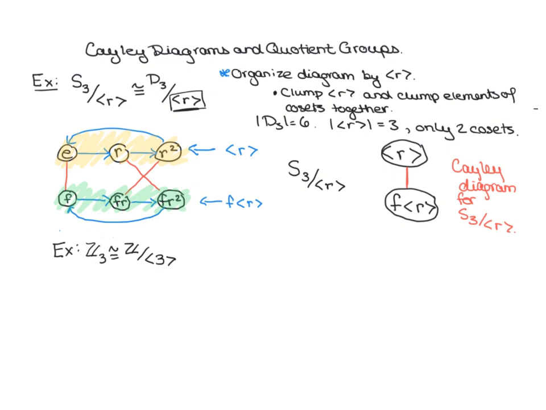And so in this case, if I'm drawing out the normal Cayley diagram, normally I would just draw 1, 2, 3, and so on. And then I could go to 0, of course, and then the negative numbers as well. Okay, I'm not going to do that this time because I want to organize it by the subgroup generated by 3.